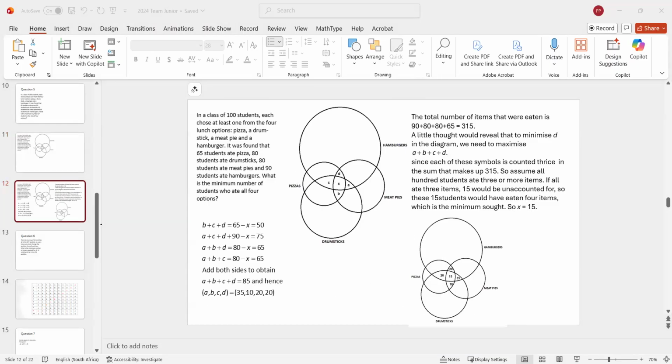And there it is. You can see here 35, 35, 20, 20, 15. It's rather small, not easy to see, but I thought I might make it a little bit bigger, but that gives you the answers.